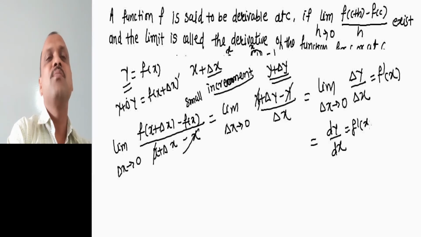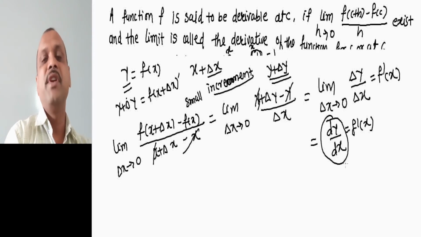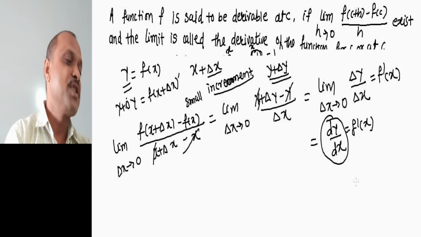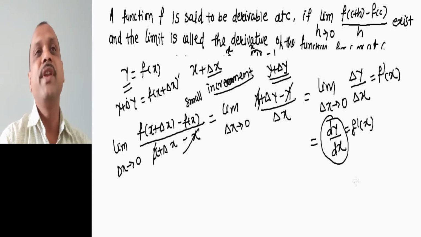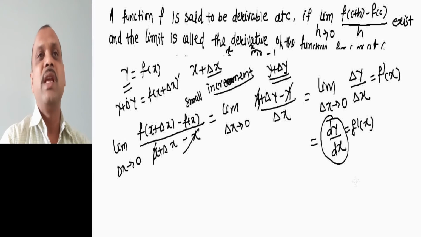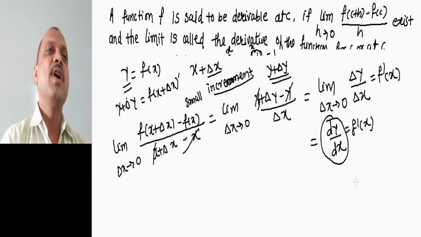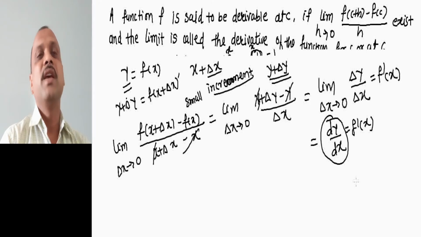We use this symbol dy by dx to denote the derivative of a function, and it is a very useful and convenient notation, instead of delta y by delta x or f dash of x. Whenever y equal to f of x, the derivative of y with respect to x is denoted by dy by dx.